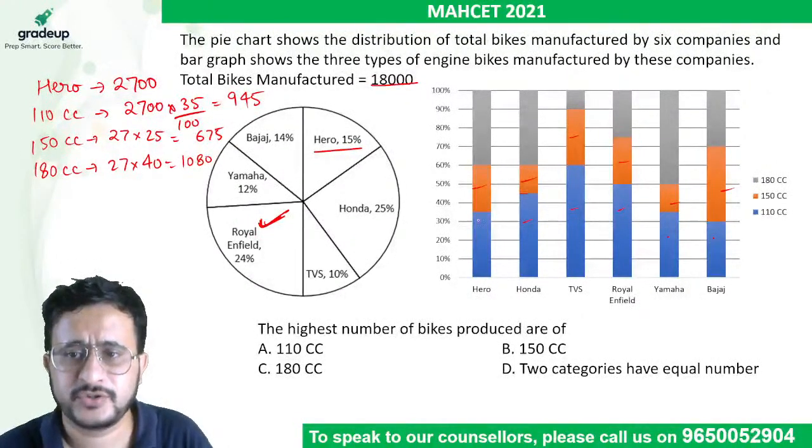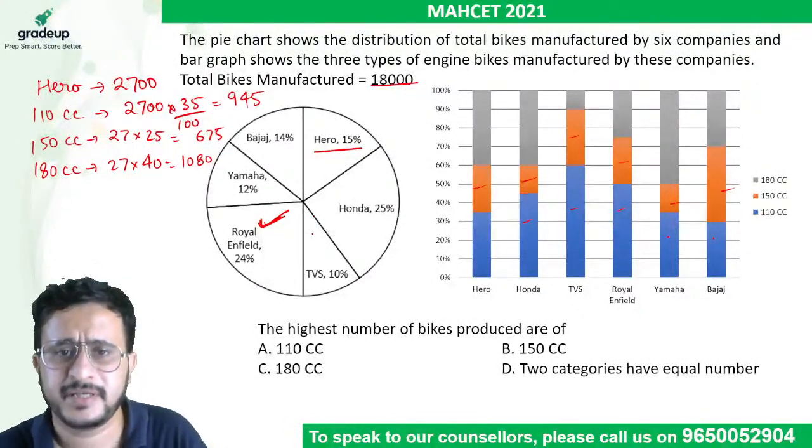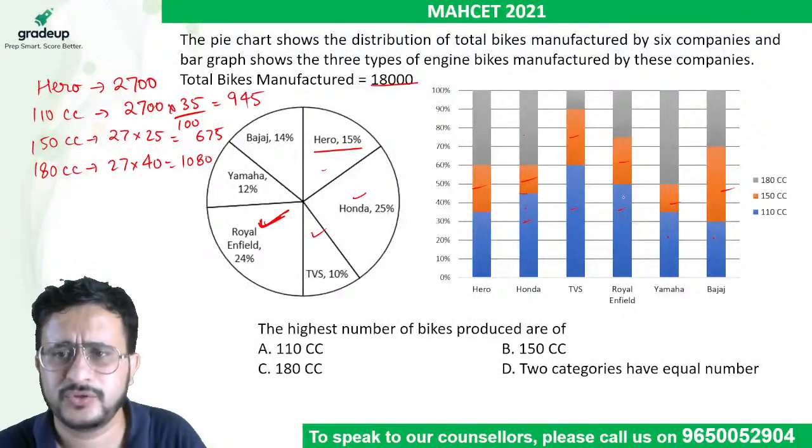TVS also, although low, makes some difference. In Honda also it is highest. Maybe some difference in Hero. In Yamaha it is more, I can understand, but that will be compensated by TVS. And Bajaj, it is equal.